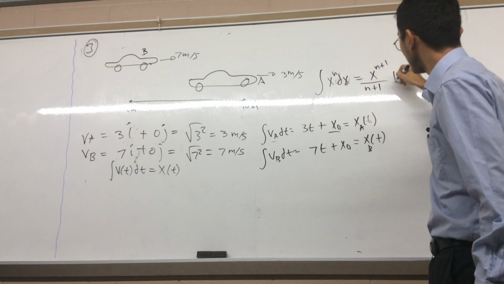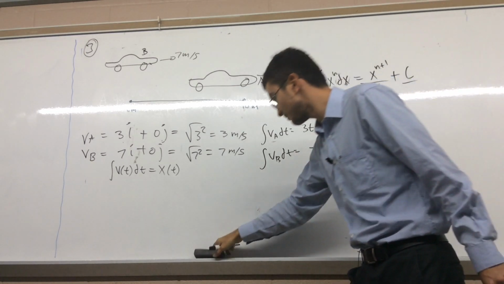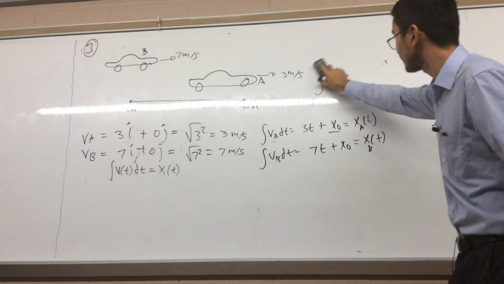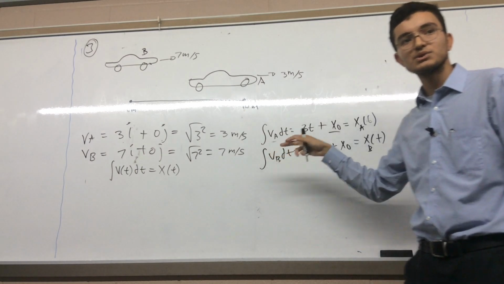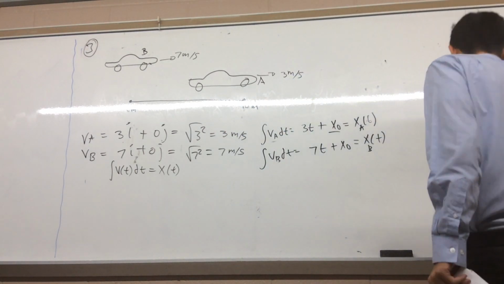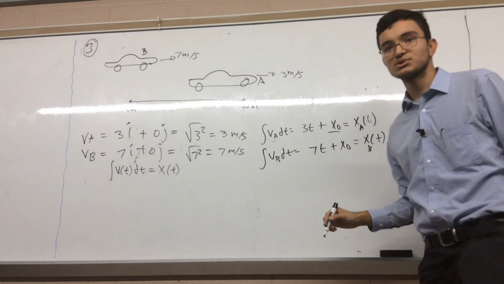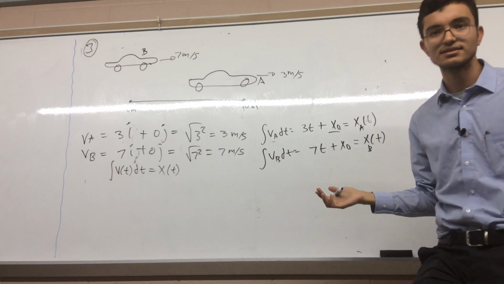And you have to add a constant of integration, c. But why am I adding x0? That's because we're taking the integral of the velocity function, which is going to get us the position function. And so the initial position, we can just denote as x0 instead of just writing c.